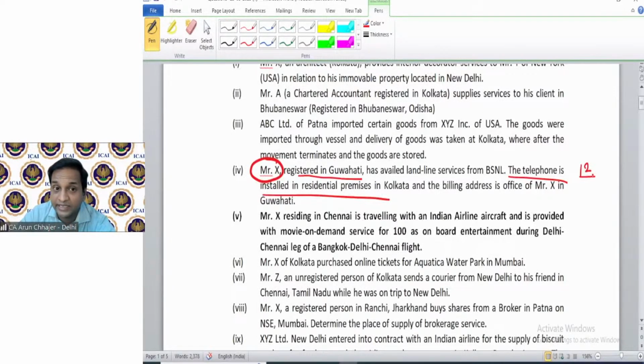It is immaterial to whom it is billed. So here the location of the recipient would be ignored. What would be the place of supply? The place of supply would be the place of installation, which is Calcutta. Therefore, West Bengal would be the place of supply. I hope it is clear and you are all giving the correct answer. No doubt about that.